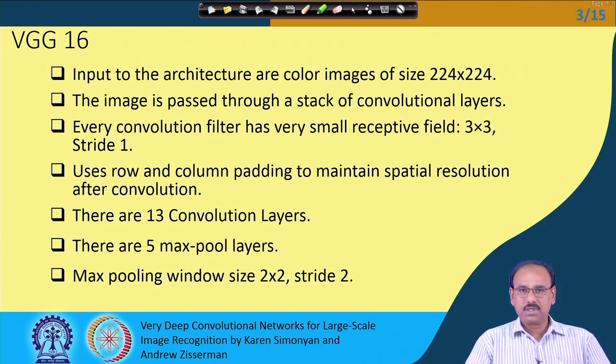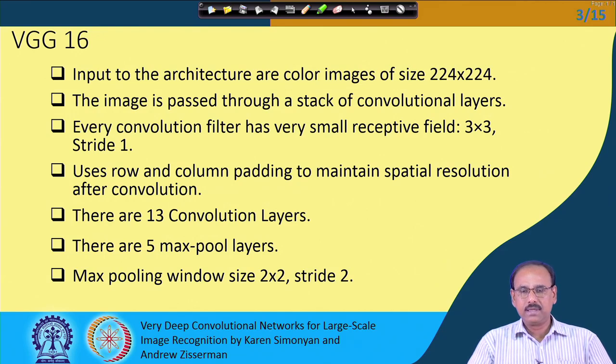The image is passed through a number of convolution layers, as we have seen in the architecture. In VGG16, every convolution layer has a convolution kernel of size 3 by 3, and the convolution is carried out with a stride equal to 1.